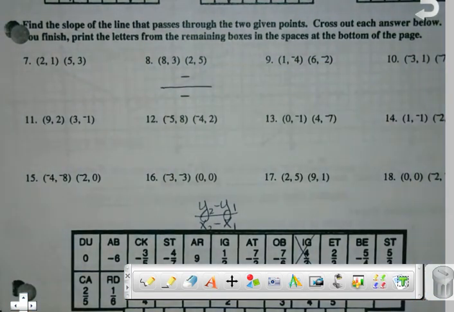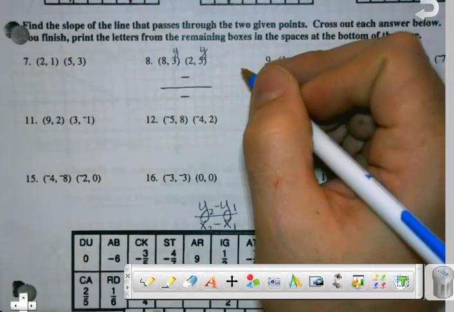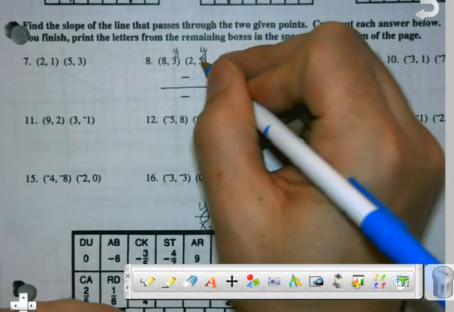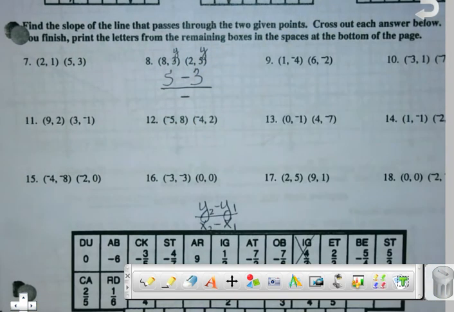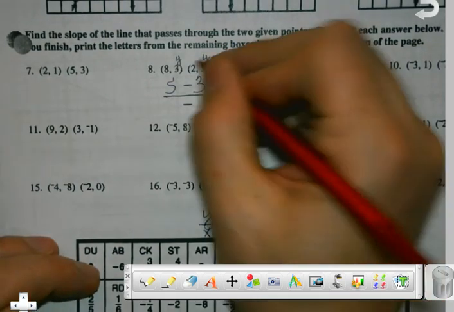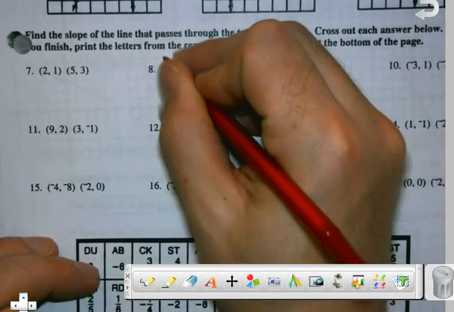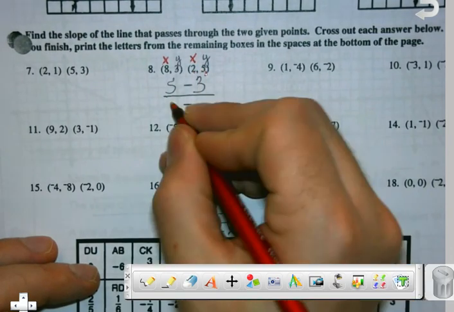So when I get down and I'm doing these, again, the one thing I have to be careful of is that my y's are on top, 5 minus 3. And in my case, since I started with the second y, let's start with the second x.